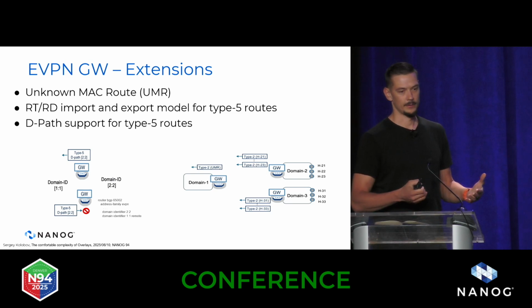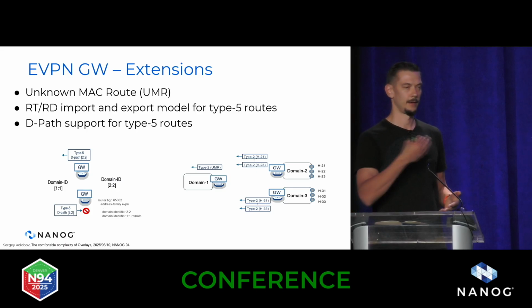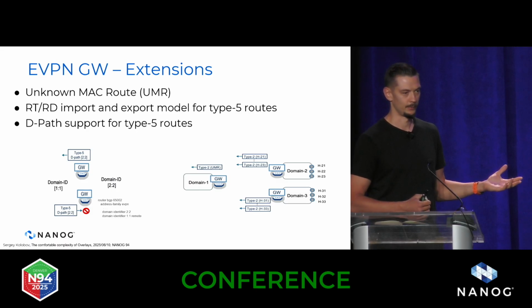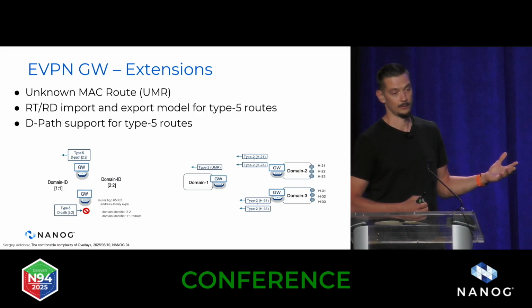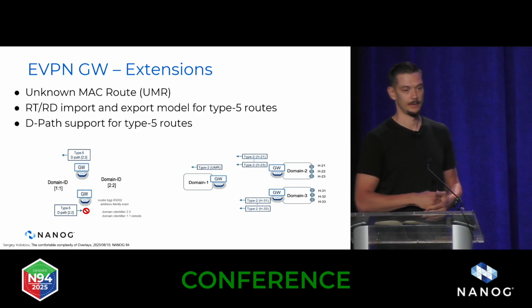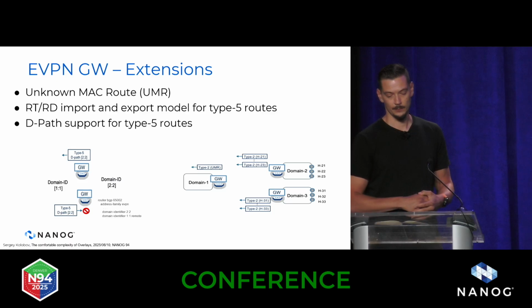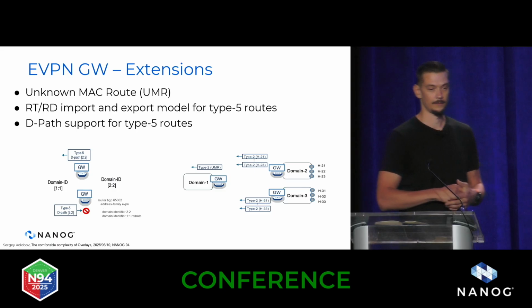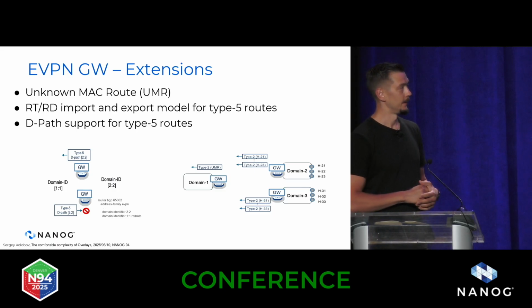We can divide our network into multiple EVPN domains, and we can just install a default MAC route from the gateway into a specific domain and forward traffic towards that gateway if we do not know the location of that destination MAC. So really a good tool, or really good extension, for a scalable solution.